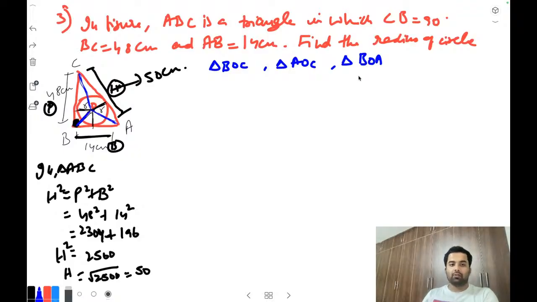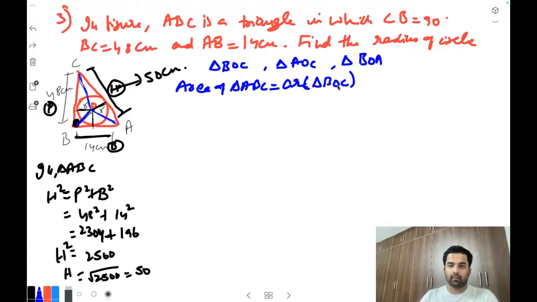Now see, last what we need to do. Write down area of triangle ABC equal to, add all the 3 triangles: area of triangle BOC plus area of triangle AOC plus area of triangle BOA.